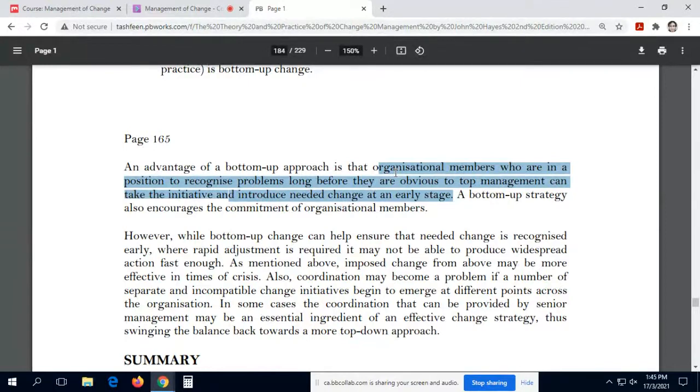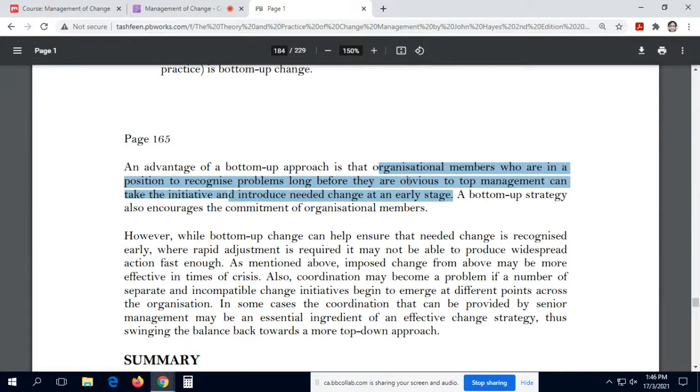And many times people who are on the forefront of the jobs, who are like the customer service type of people, they know what the problems are. And then if it is a plant, if it is some production, the people who work on the assembly line or on the floor, they know the problems, because they are doing it with their own energies and hand and equipment and technologies.